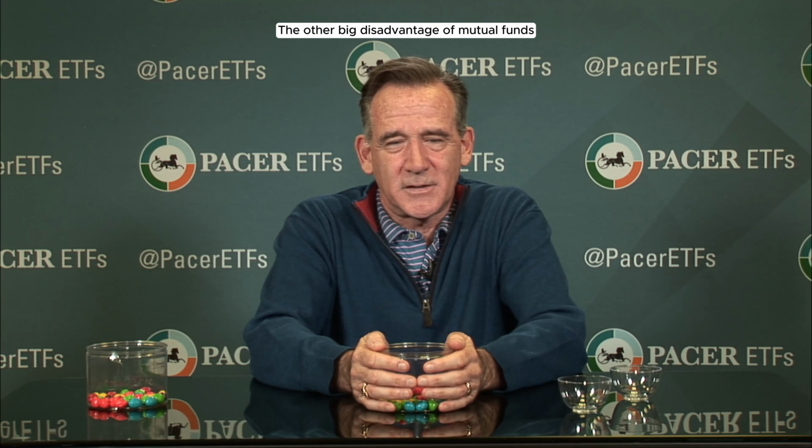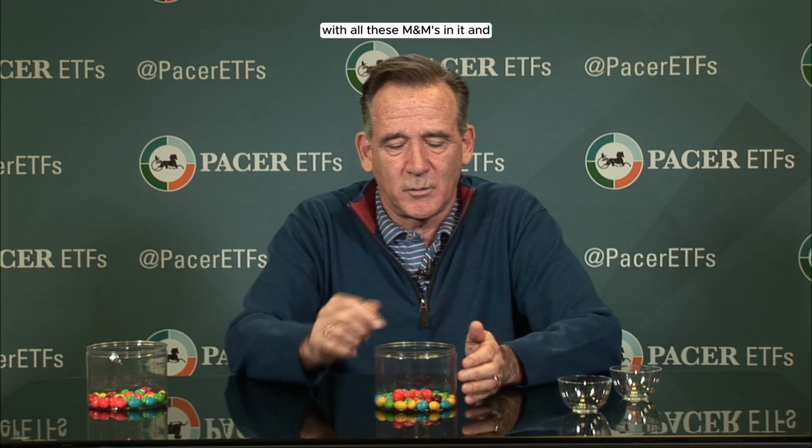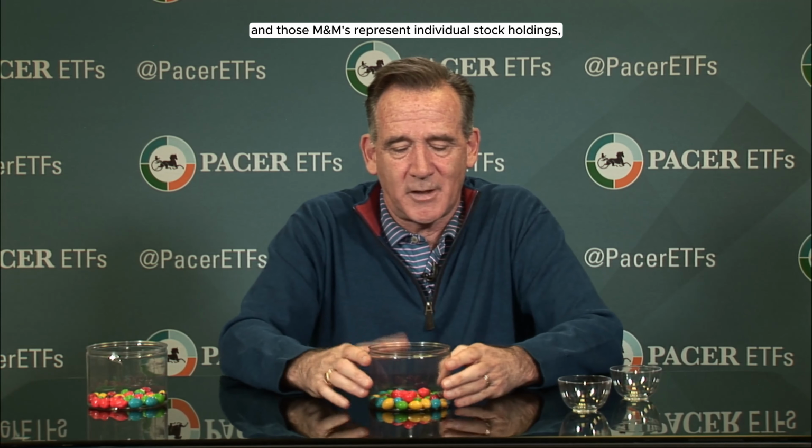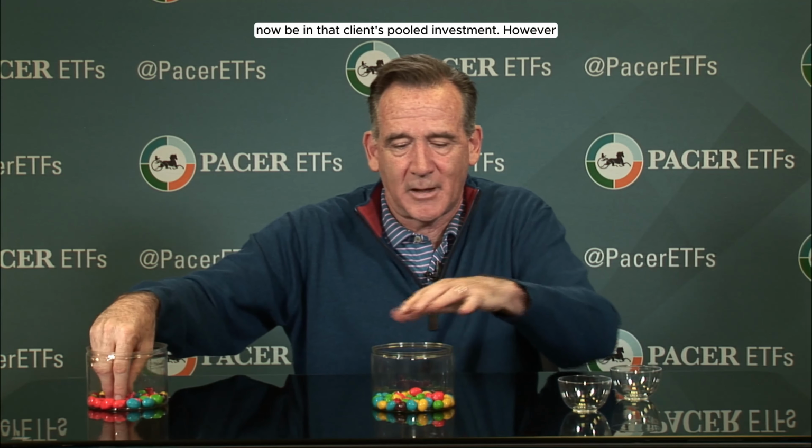The other big disadvantage of mutual funds versus exchange-traded funds is how they operate with regard to activity inside the fund. So if you can think of this fund, if you will, with all these M&Ms in it, and those M&Ms represent individual stock holdings, if the portfolio manager during the year decided, for example, that they wanted to get rid of some of the orange M&Ms, which might be one stock, and add, let's say, some more green M&Ms to the mutual fund, they would sell the orange M&Ms and they would buy the green M&Ms, and they would now be in that client's pooled investment.